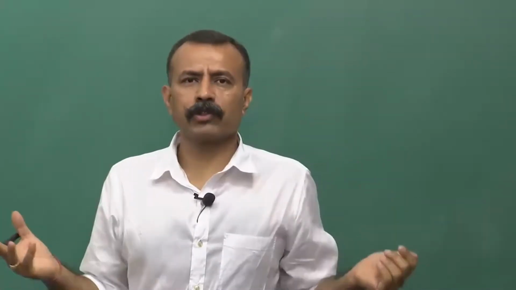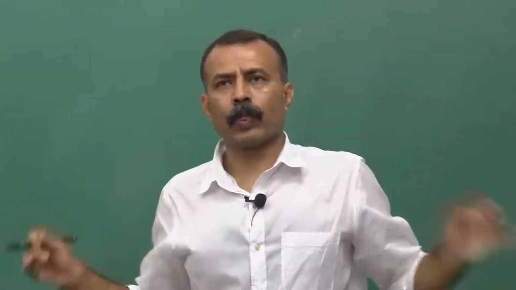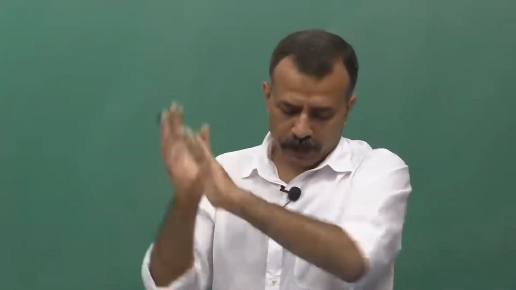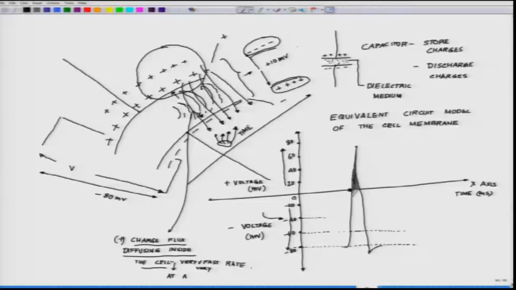I am not supposed to be positive, I am supposed to be negative. The very next moment, it comes back to this situation, the original situation of minus 80 millivolt.